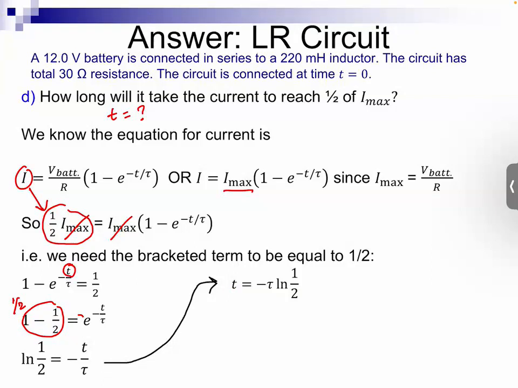Tau, of course, the time constant, was calculated earlier, or you can always get it as L over R. This was the earlier calculated time constant, and this is the ln of 1/2. So you get this time. Good. Any questions there?